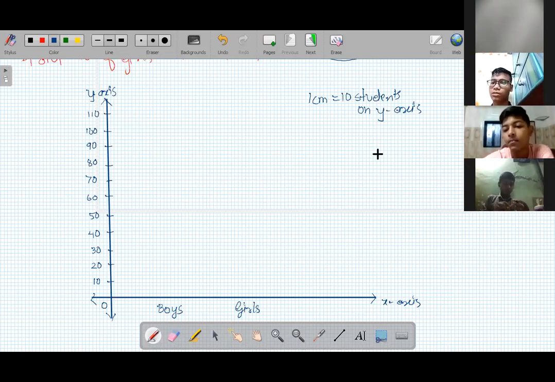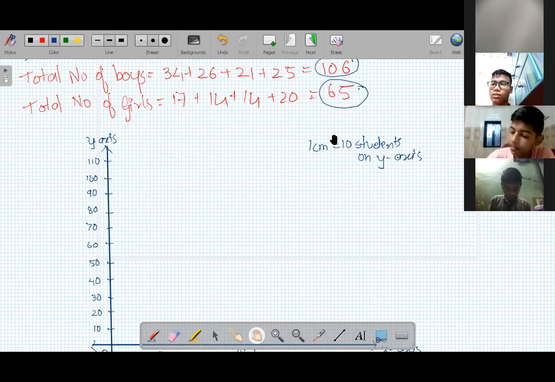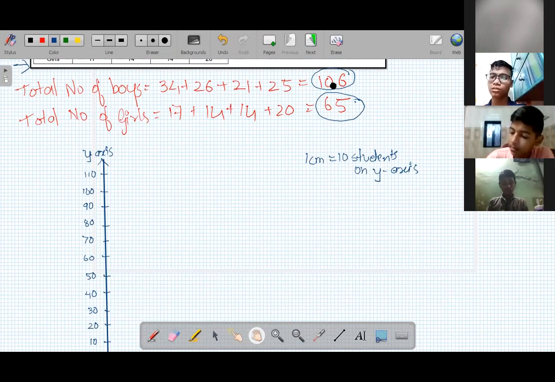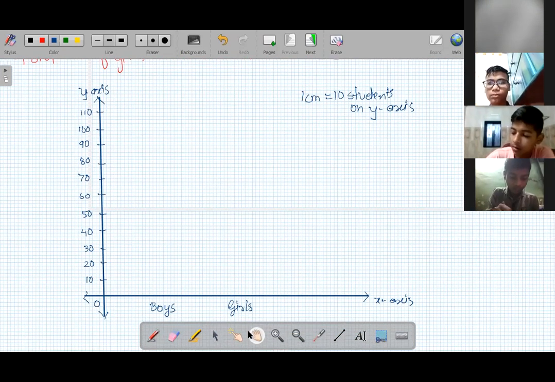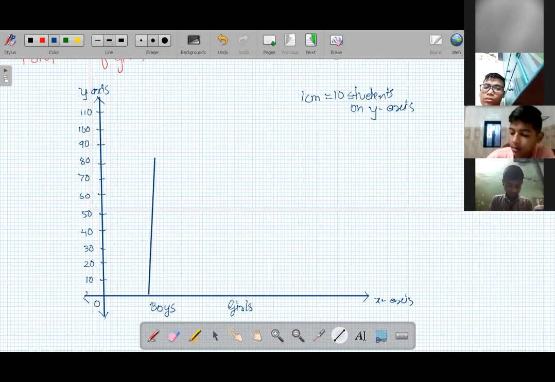Okay, I hope you all are doing the graph along with me. Now for boys, we've calculated that the total number of boys is 106. So to draw the bar for boys, first you draw the bar up to 106.